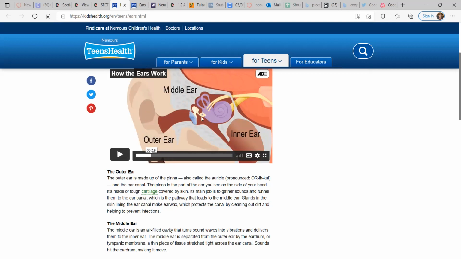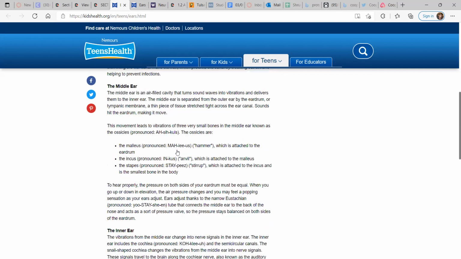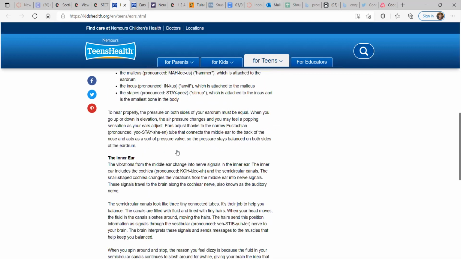Here's the eardrum. The pressure has to be the same, equal on both sides of this eardrum. Then the sound waves are translated into vibrations. These three little bones, the ossicles, vibrate. There's the cochlea, and then it's sent into the inner ear.